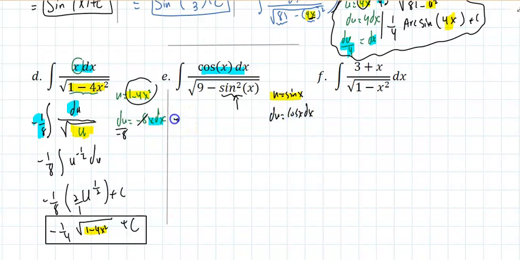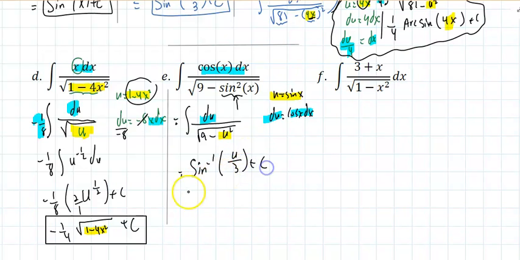So that would be the integral of 9 minus, and if I replace the sine by a u, that's u squared, and du is nothing more than the top, and I know this is the inverse sine of u over 3 plus c, and that would be the inverse sine, and for now I'm not going to simplify this further, and there it is.